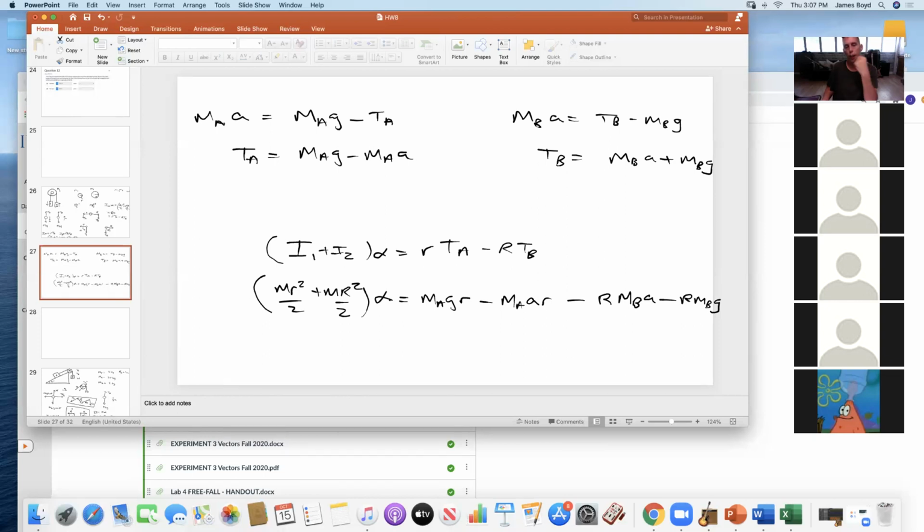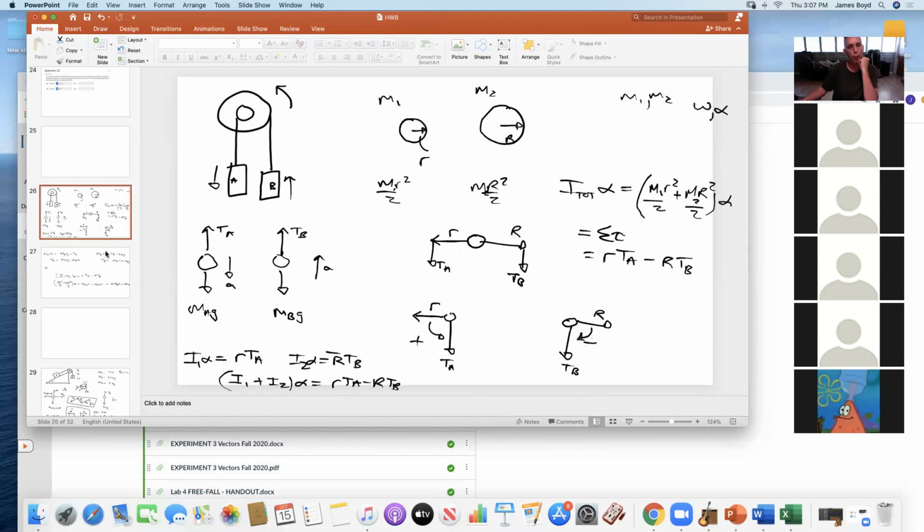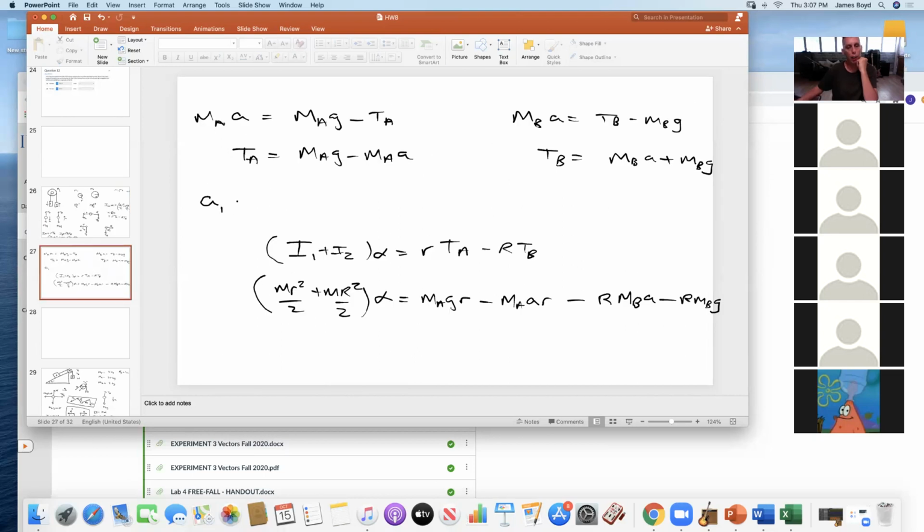We can do it either way. We can either write each of these A's. So for pulley 1, A of 1 is little r alpha, and A2 is big R alpha. This was little r, and this was big R. Okay, or you could write that alpha is equal to, well, you can't really do that.